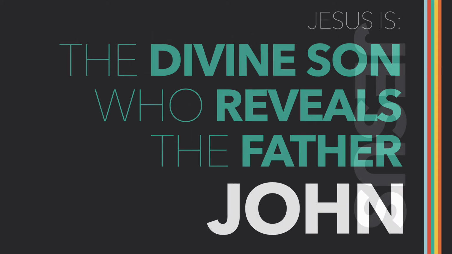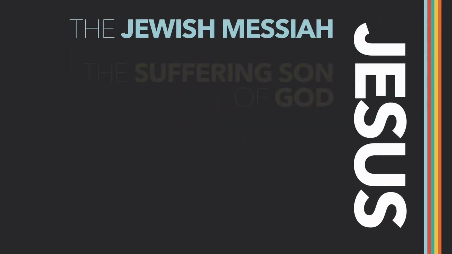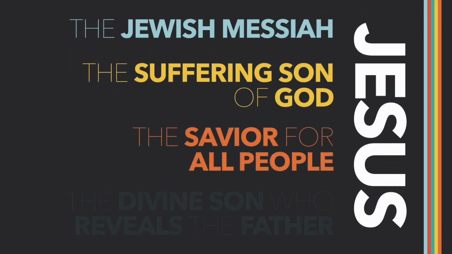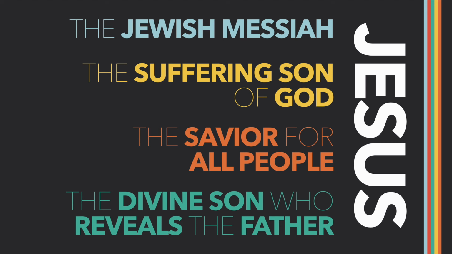So let's review really quickly all four of the Gospels together. Matthew portrays Jesus as the Jewish Messiah, the one that the Jews have been waiting for has finally come. Mark portrays Jesus as the suffering Son of God. He is the one who has taken our place, taken the wrath of God for our sin on himself and suffered in our place.